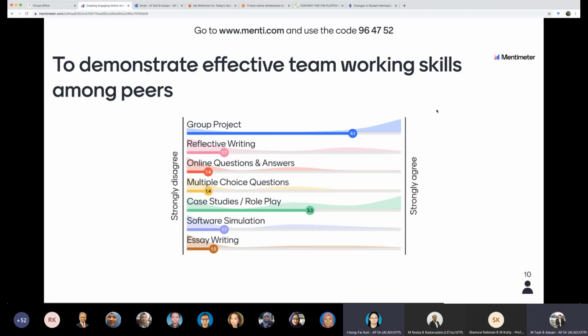Okay, so we can see that giving a group project is important, so that this is where we can measure whether the students demonstrate effective team working skill or not.